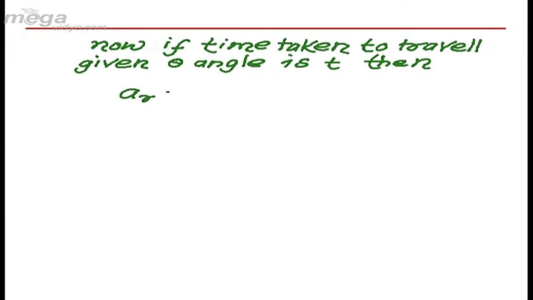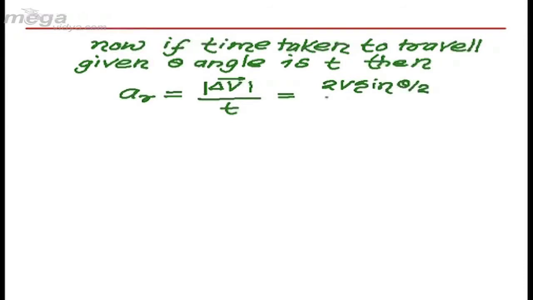Now, the time taken to travel the given theta angle is t, then radial acceleration AR can be written as the magnitude of change in velocity divided by the time t, which can be further written as 2V sine theta by 2 divided by t.